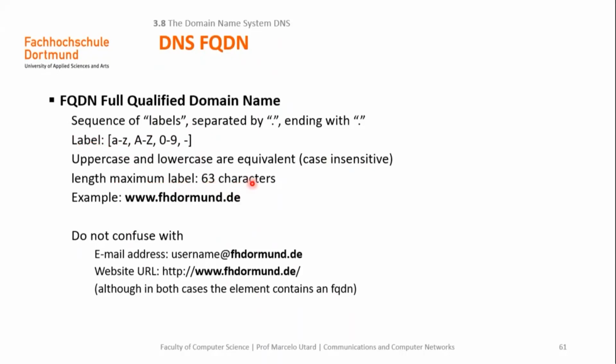In fact, simply in order to understand this, the encoding of the label is performed with the packet string, which is a string where the size or length specification is encoded in the first character, and that's why the label could have at the maximum 63 characters.